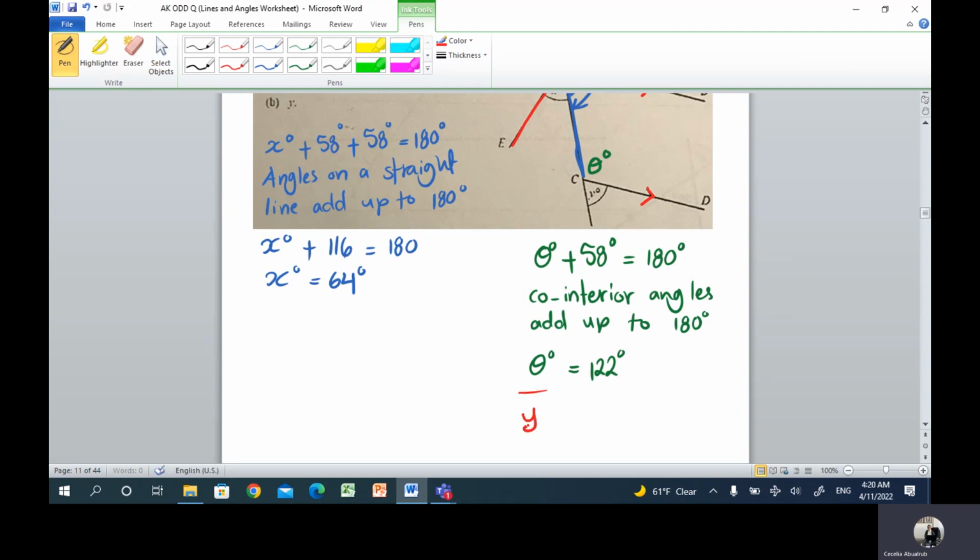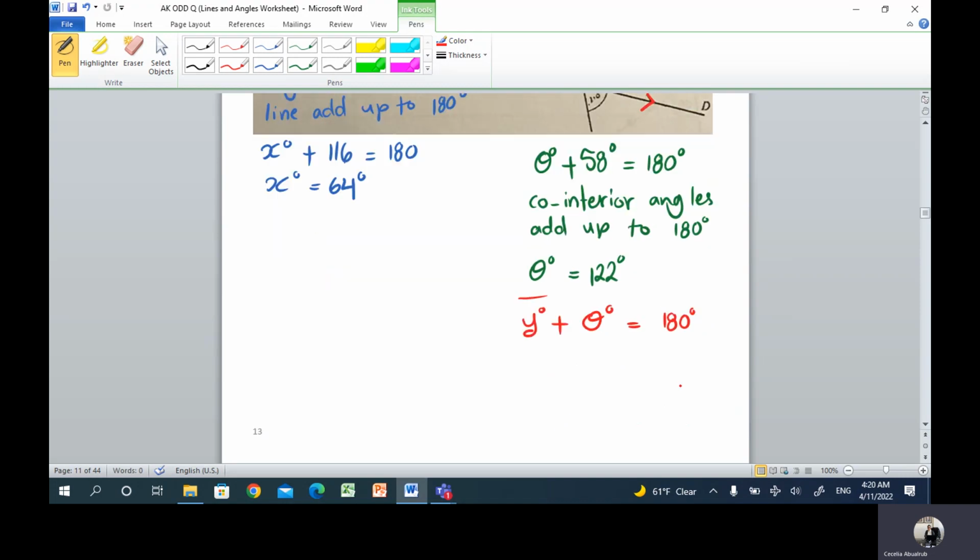So y is my unknown now, plus theta is equal to 180 degrees. And the reason behind it: angles on a straight line add up to 180 degrees.